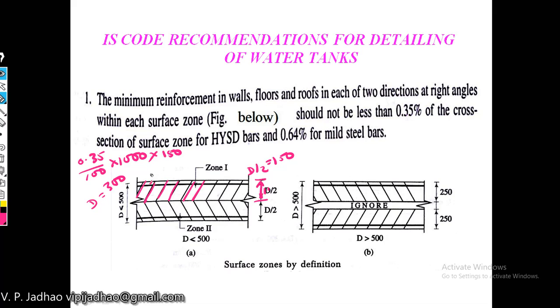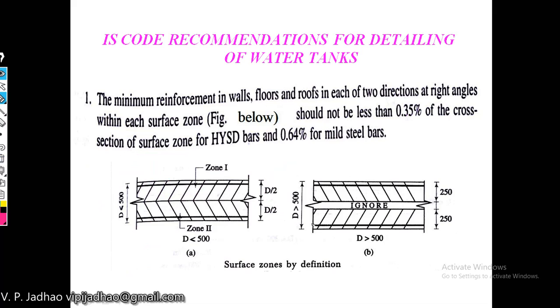Here the reinforcement will be this much, whereas here again we will have this depth of 150 mm. So reinforcement will be 0.35 divided by 100 into width 1000 mm multiplied by 150 mm. So this much should be the steel reinforcement provided in both the directions.